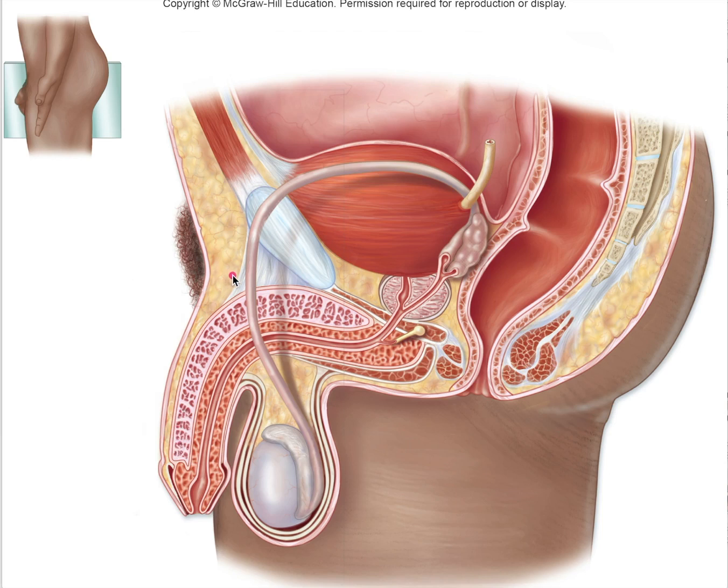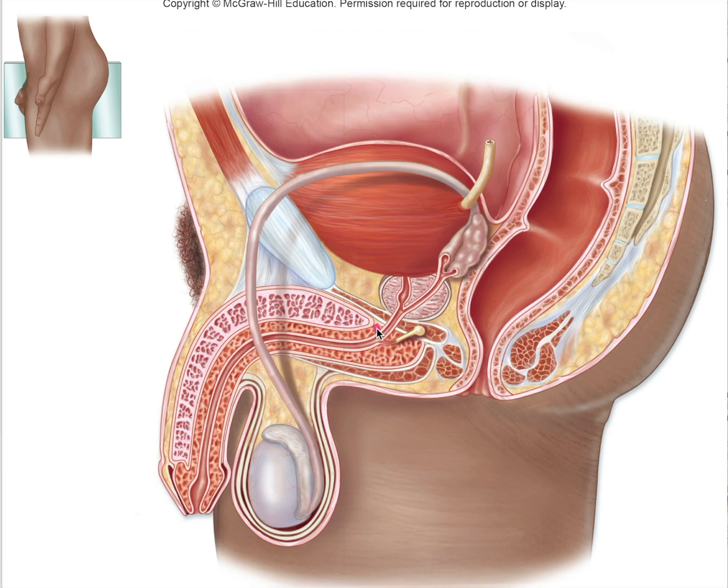So it follows the same pattern as the rest of our body, where our dorsal surface is the protective bony side, and the ventral surface down here is the soft underbelly side. So this tissue that the urethra passes through is called the corpus spongiosum. And this tissue does not become engorged with blood.